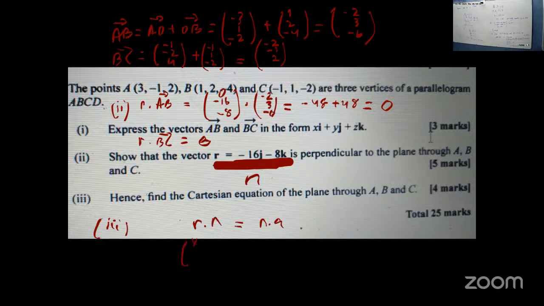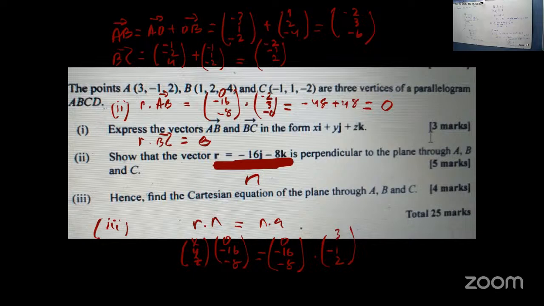R is x, y, z. N is 0, minus 16, minus 8. And A is what? I will use 3, minus 1. It doesn't matter. You can choose any one you want. You can use A, B, or C. Okay?